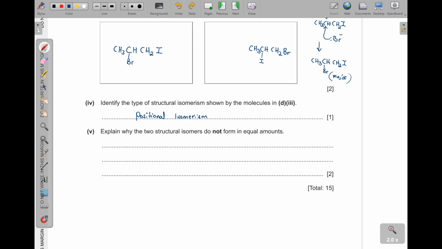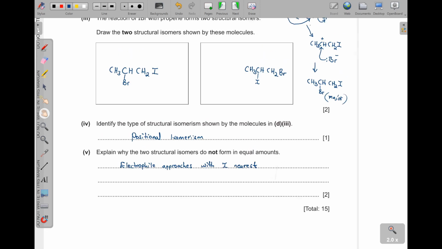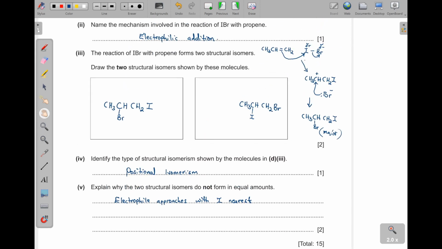So why don't they? So we have the electrophile approaches with iodine first, okay, with iodine being the nearest, not with bromine, iodine nearest.